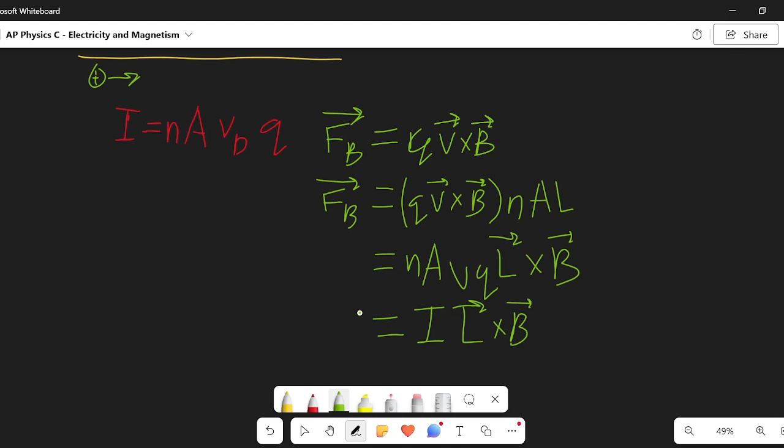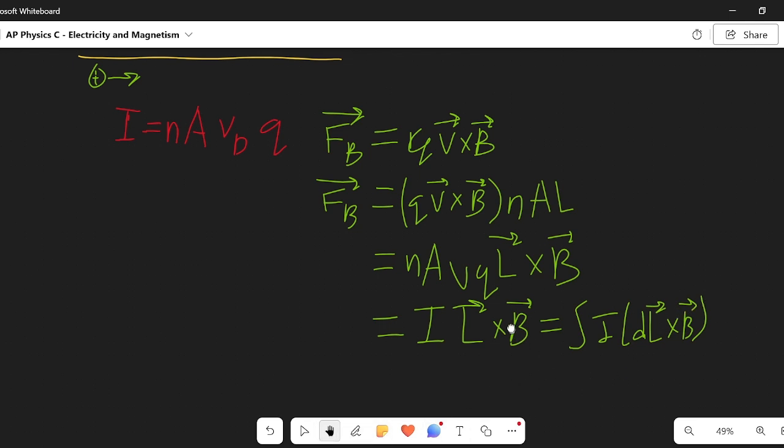We can also write this in integral form: I multiplied by dL, crossed with B, something like so.